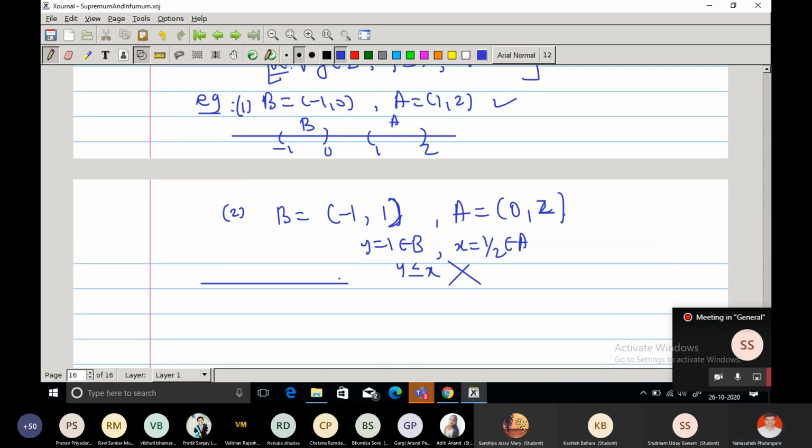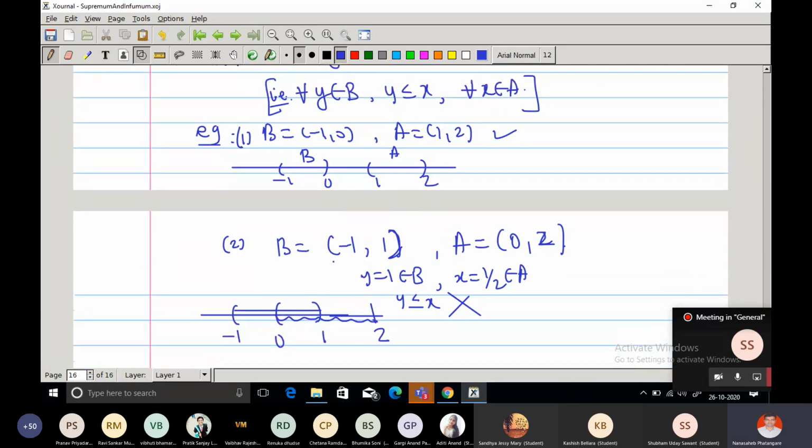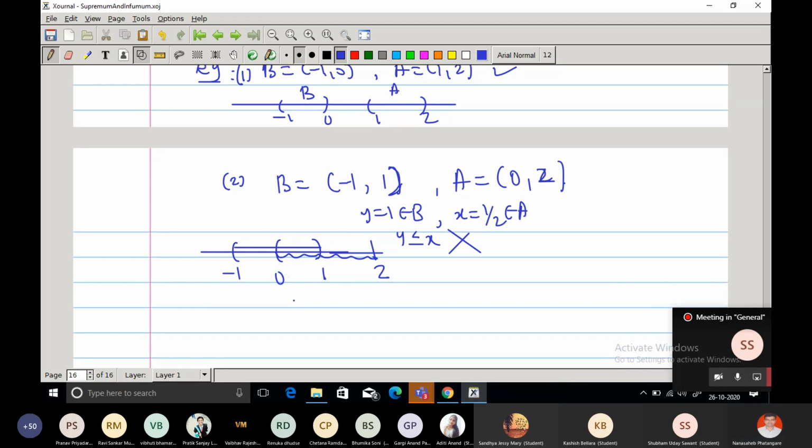Geometrically, with -1 to 1 and 0 to 2, there is overlapping. Therefore, when the above condition is satisfied, set B is completely to the left side of set A, with no overlapping or common element.